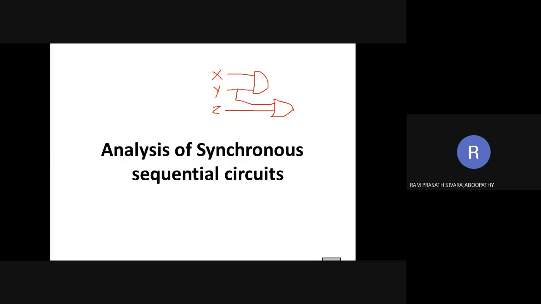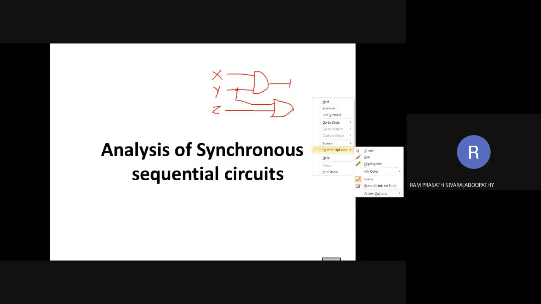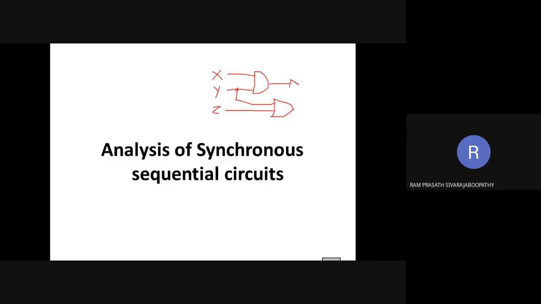Try to tell the behavior of this circuit. Here we have a NOT gate. Finally, these 2 things are combined with an AND operation. So this is the output F.